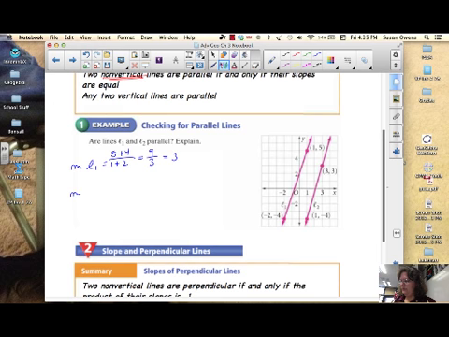The slope of L2 is 3 minus -4, so 3 plus 4, over 3 minus 1, so 7/2. If you take a look at these slopes, they're not the same, so the lines are not parallel. We can write this as L1 is not parallel to L2, and our reason is the slopes are not the same.